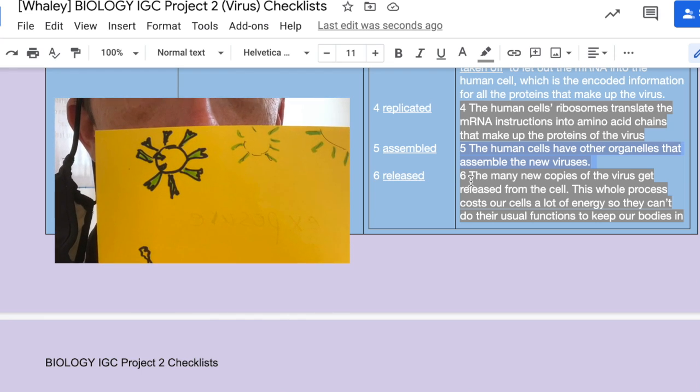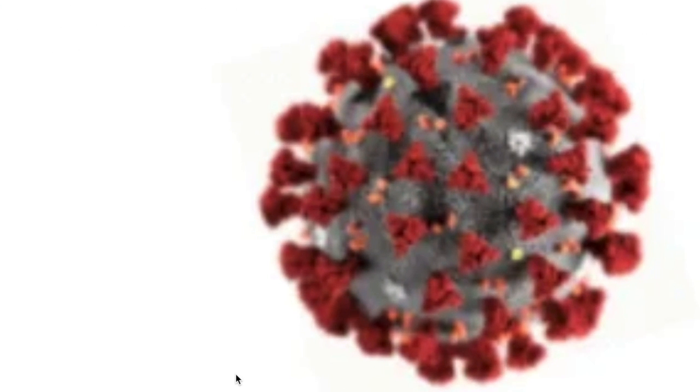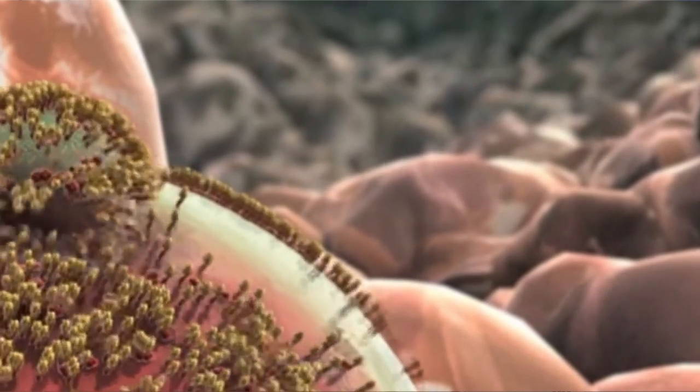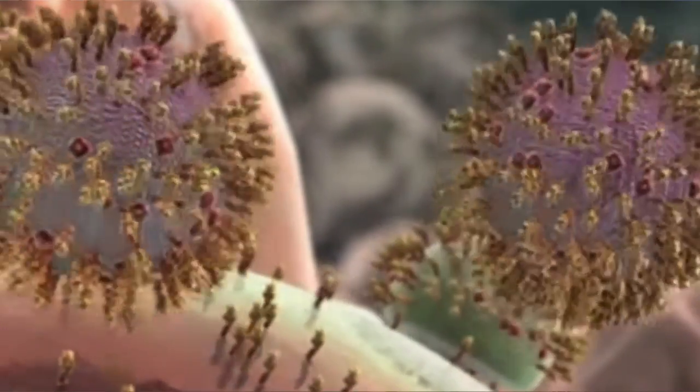The cell releases it. You'll learn from the different videos that there are different ways that might happen. It probably will just destroy the cell. Imagine if you made 1 million copies, even if they were really small, it would use up all the energy of that cell. So its life is shorter, and none of its work was to help keep you alive.